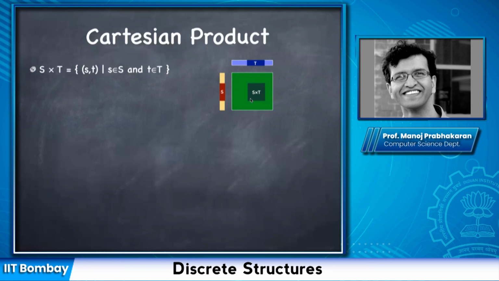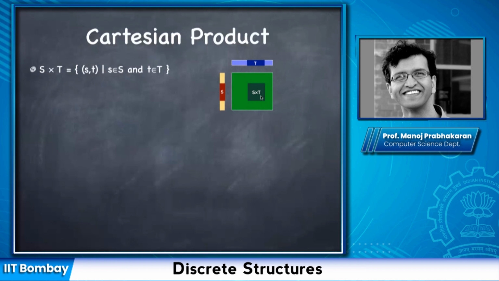And in S cross T, you could think of each element here as corresponding to an element in S and an element in T. If, for instance, S and T were intervals of the real numbers, and these were the x-axis and the y-axis, then there's a rectangle in the real plane that will correspond to the Cartesian product.